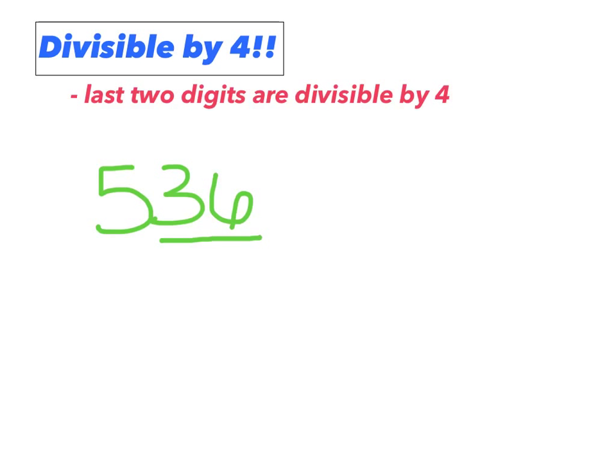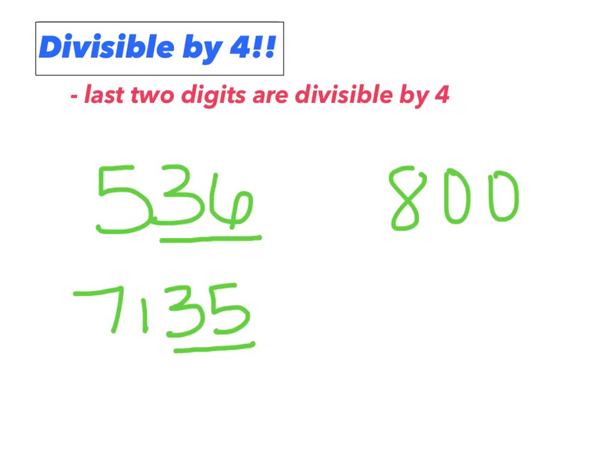If you look at the number 7,135, you would look at those last 2 digits, 35. 35 is not divisible by 4, so that number is not divisible by 4 either. One little trick is that anything that ends in double zeros represents the number 100, and 100 is divisible by 4. That is 25. So any hundred number, 100, 200, 300, 400, those are all divisible by 4.